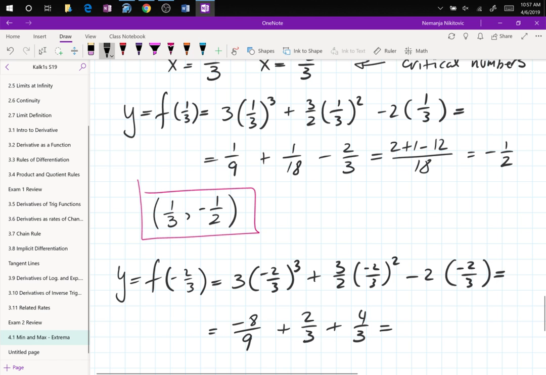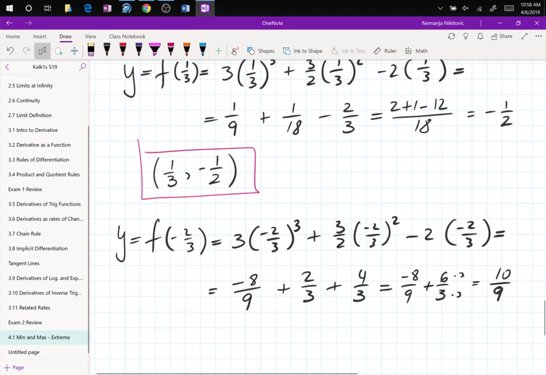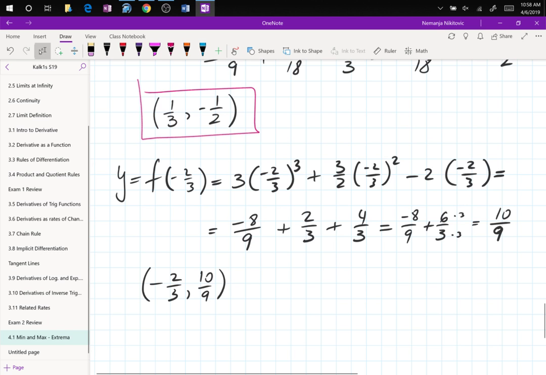This is 6/3, so negative 8/9 plus 6/3 times 3 times 3, 18 minus 10, that's 10/9. So if there are no mistakes in calculation, we have our second point to be negative 2/3 and 10/9.